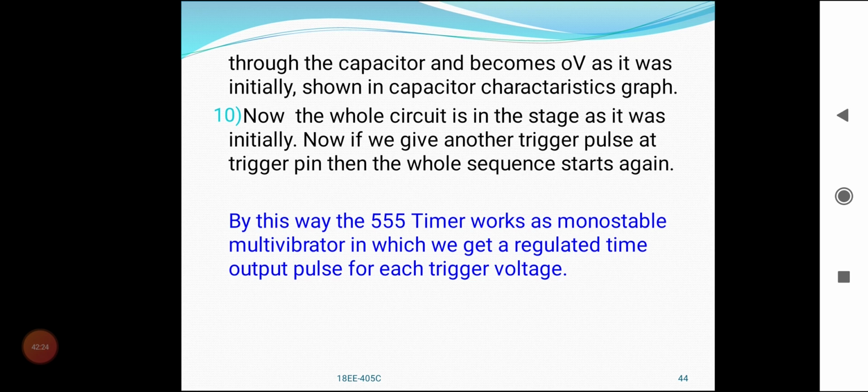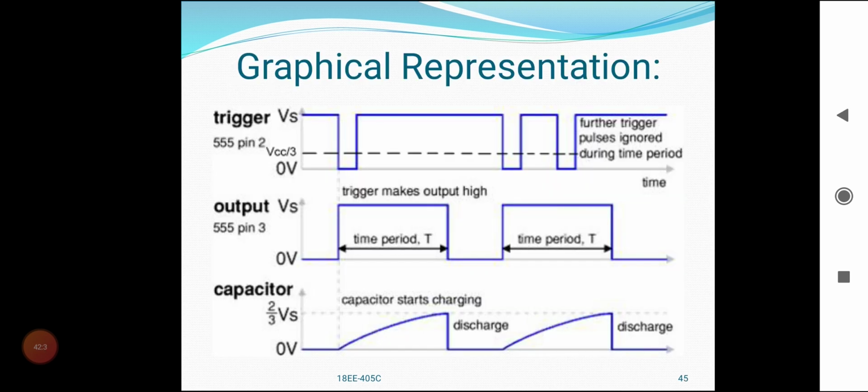In this way the 555 timer works as a monostable multivibrator, in which we get a regulated time output for each trigger voltage. In the graphical representation shown, a negative trigger pulse is applied.